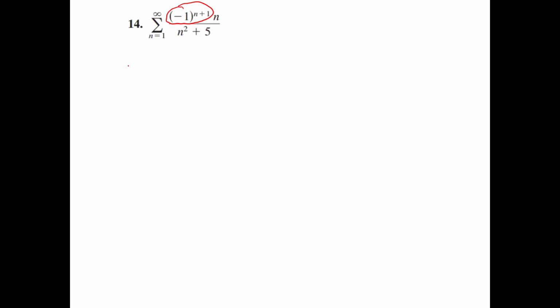And so that's pretty clear: the limit as n goes off to infinity of n over n squared plus 5 is 0. Again, I forgot to mention that a sub n in this case would be the sequence n over n squared plus 5. We're adding up the alternating terms of this sequence, right? And so the limit of the terms, as n goes off to infinity, is 0.